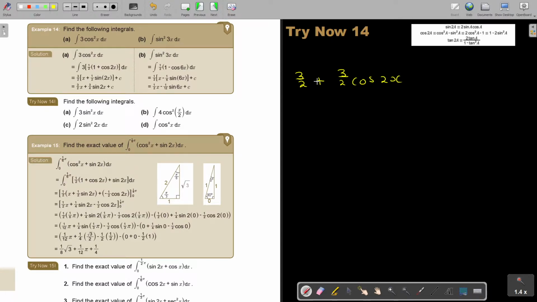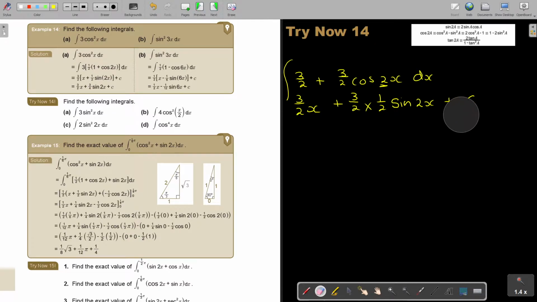If you integrate this, then 3 over 2 is a constant, so the x comes. And then it's 3 over 2 multiplied by 1 over 2, and cos becomes sin, and keep the 2x. That's why I got the 3 over 4. So I just showed you that step.